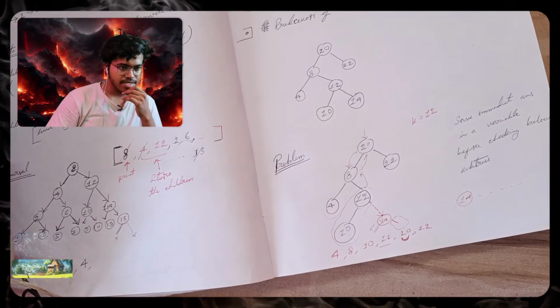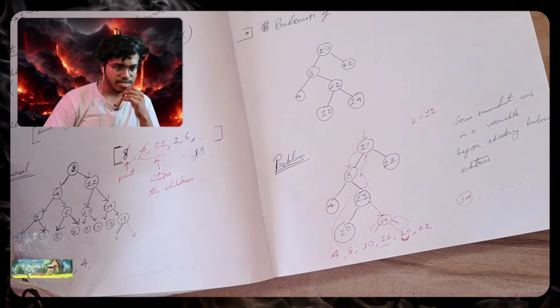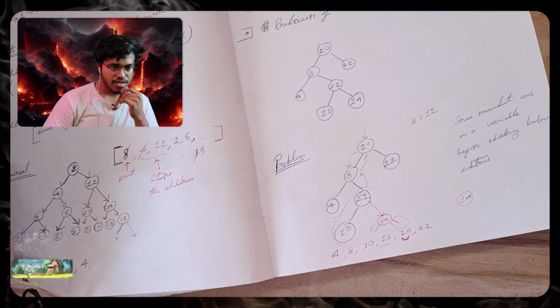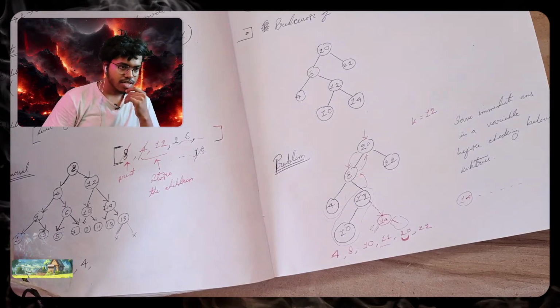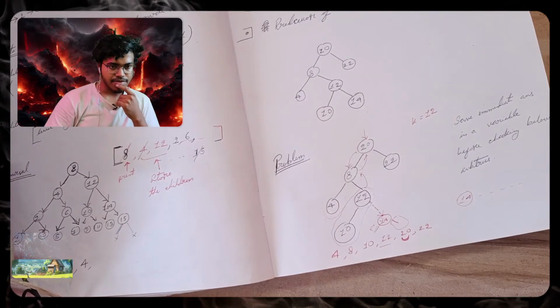Runtime error is there. Int object does not have any attribute data. Why? Do we have to return the node?